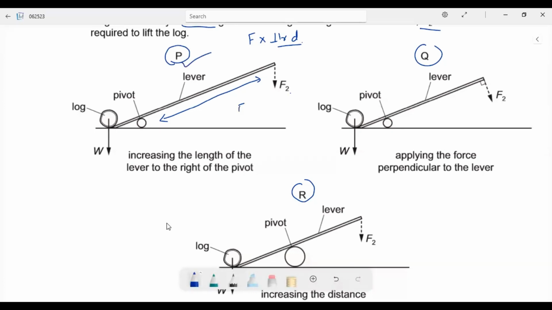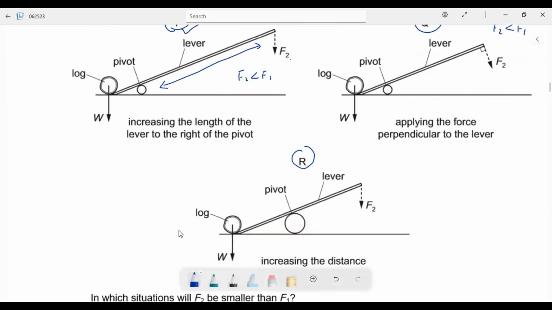So here F2 will be less than F1. As distance is more, the force required will be minimum. Here we can see F2 is perpendicular. Actually, we need perpendicular distance. When the force is applied perpendicular to this, we can reduce F2. So in this case also F2 is less than F1.